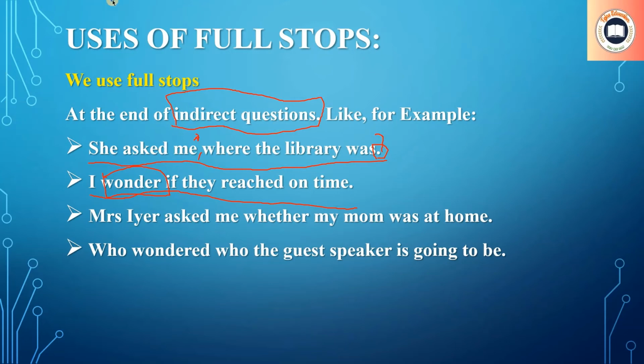Next sentence: Mrs. Iyer asked me whether my mom was at home. Automatically, you might think that this is a kind of question, but this also is not a question. It is an indirect question, and it ends with the full stop.